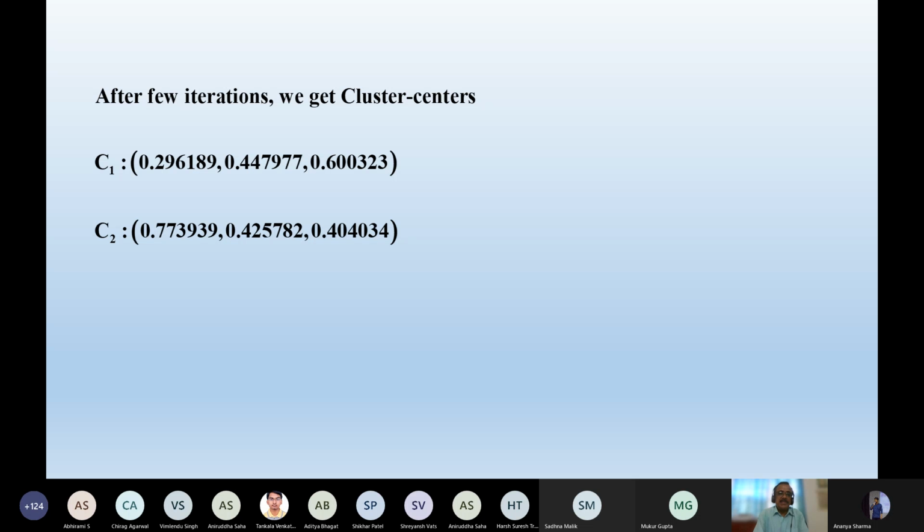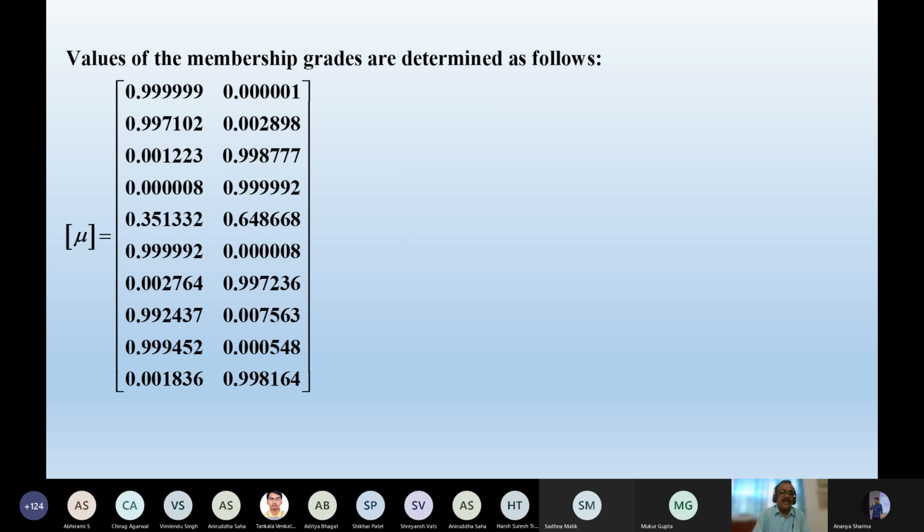This is the dimensions we got for the second cluster center. So C1 and C2 you will be getting. And once you've got the cluster centers and their coordinates, now you are in a position to get this type of modified membership function values at the end of that particular iteration.